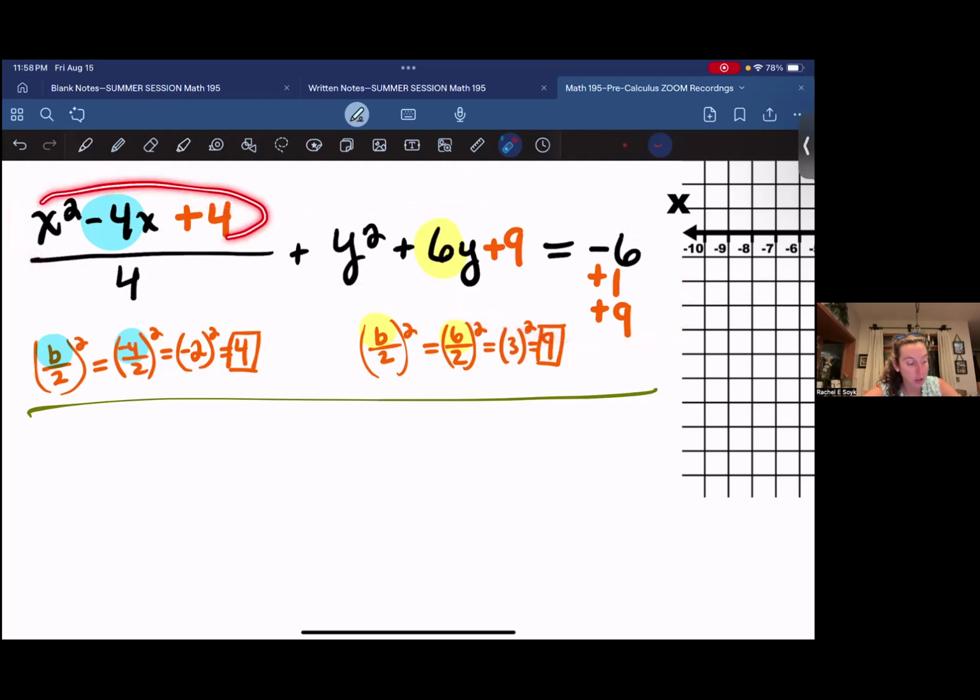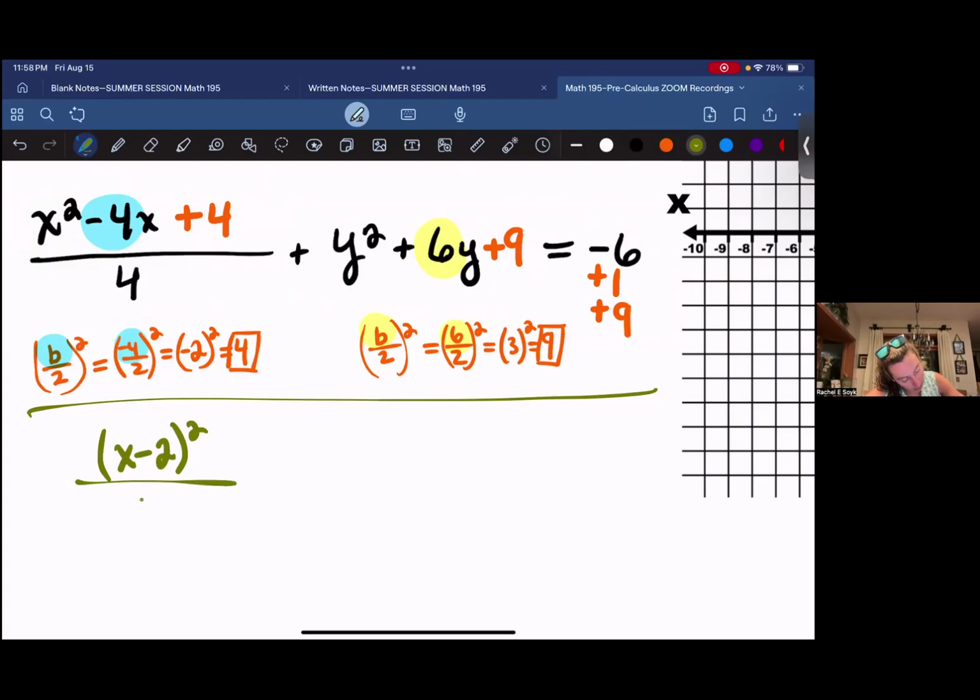We're now ready to complete the square with both cases. We can complete the square, aka factor this now into x minus 2 in parentheses squared. This is all divided by this 4. And then for the y, that numerator can be factored into y plus 3 in parentheses squared.